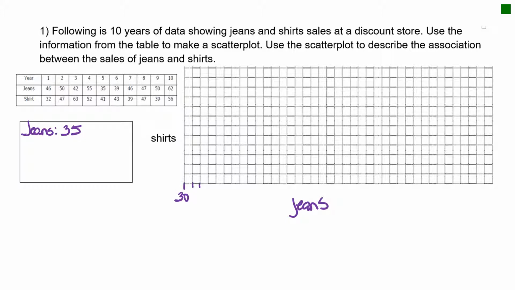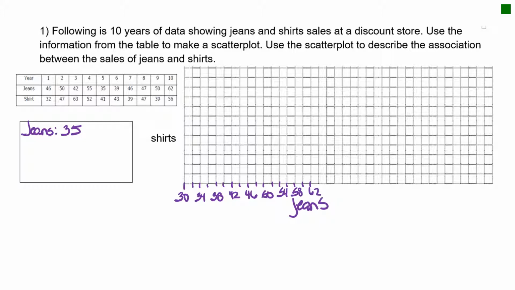So that's 32, 34, 36, 38, 40, 42, 44, 46, 48. How high do I have to go? Looks like 62. So 50, 52, 54, 56, 58, 60, 62.